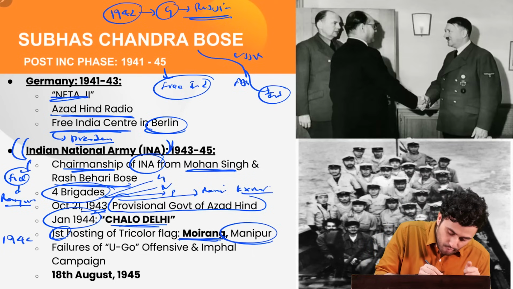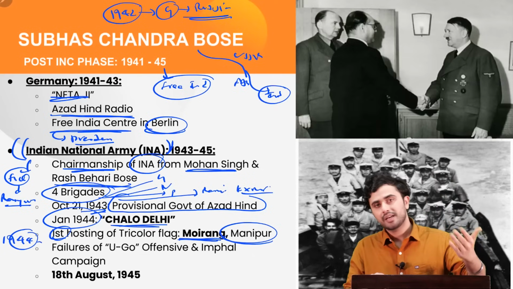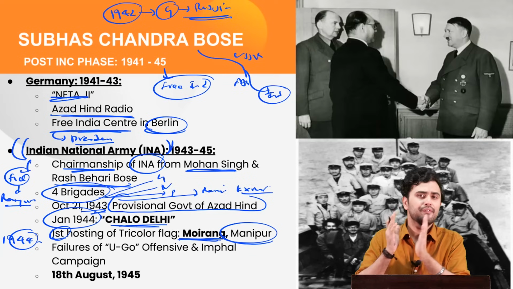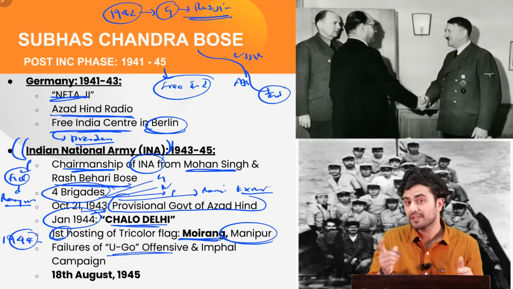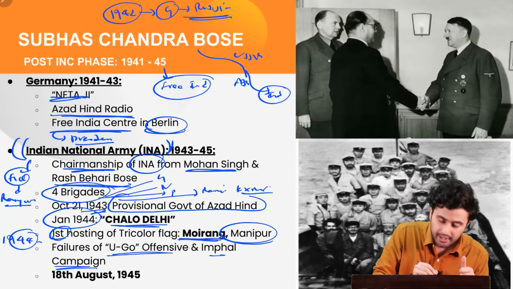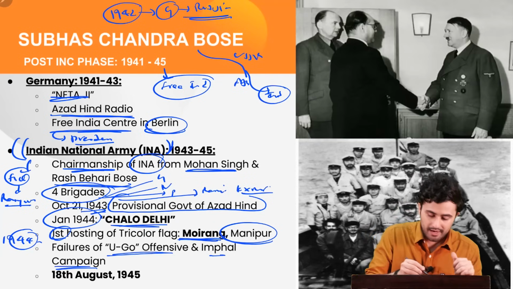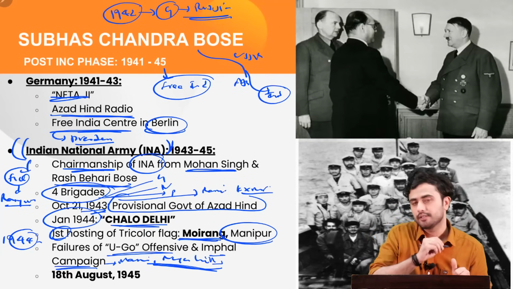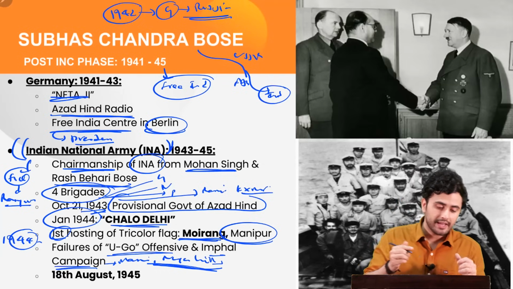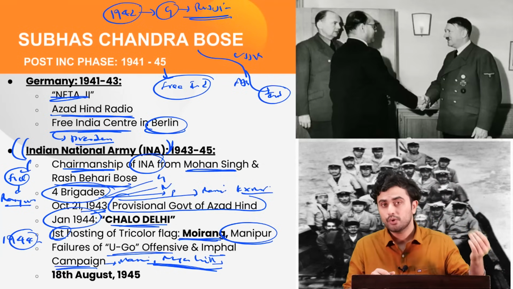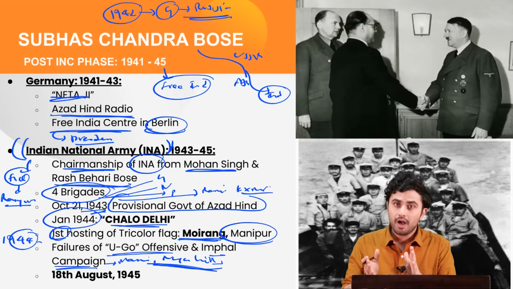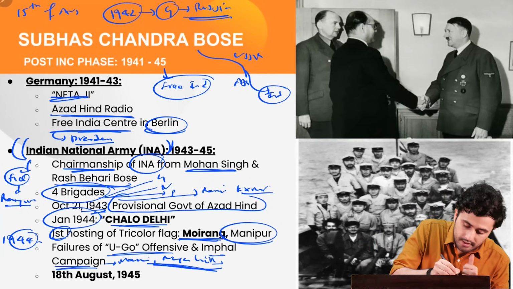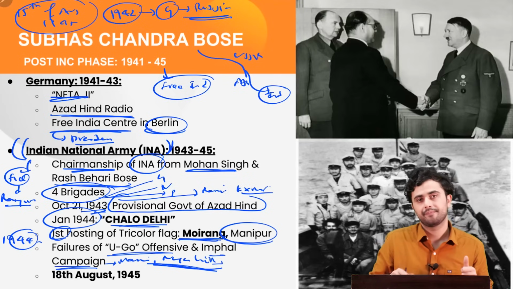But by 1944, the Indian National Army and the Japanese Army started facing a lot of setbacks with the failure of the U-Go offensive mission and the Imphal campaign, where they lost several battles in the region of Manipur and Naga Hills. Then finally, after the bombing of Hiroshima and Nagasaki, Japan surrendered in World War II on 15th of August 1945.